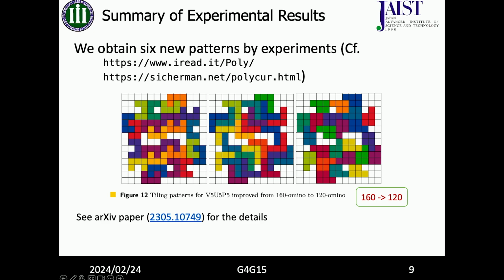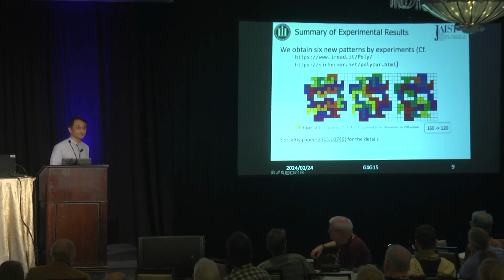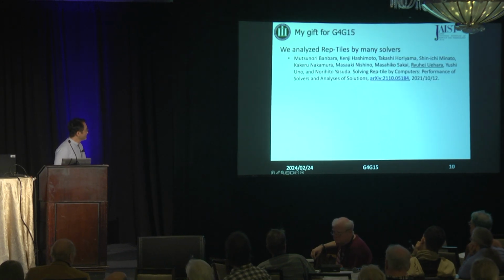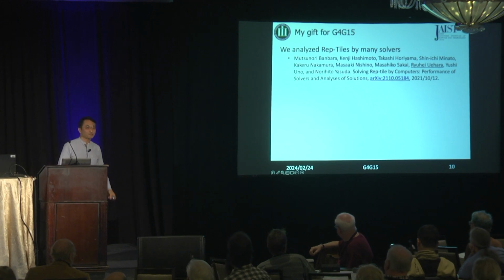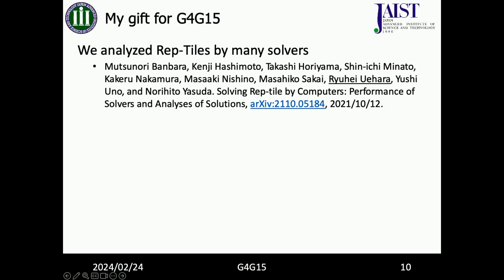To solve that, we use a SAT-based solver, which is a useful tool for solving such puzzles. And at the last G4G, I gave a presentation about the rep-tile. You know, a rep-tile is a shape which can be filled by its many copies. And last time, we also used SAT-based solvers.